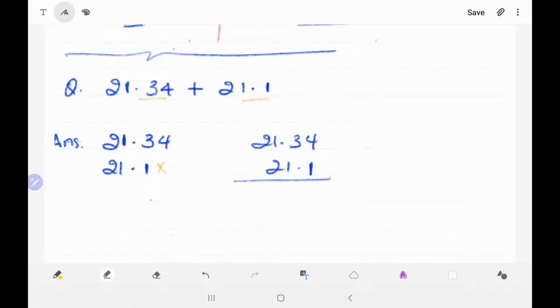This will give us a wrong answer, because 4 plus 1 is 5, and that's wrong to start off. Then 3 plus 1 is 4, and 2 plus 1 is 3, and then 2 comes down. That is a completely wrong answer. The reason we got a wrong answer is because we put the decimal point in the wrong place, so it has to align. Here is good because it's already aligned.